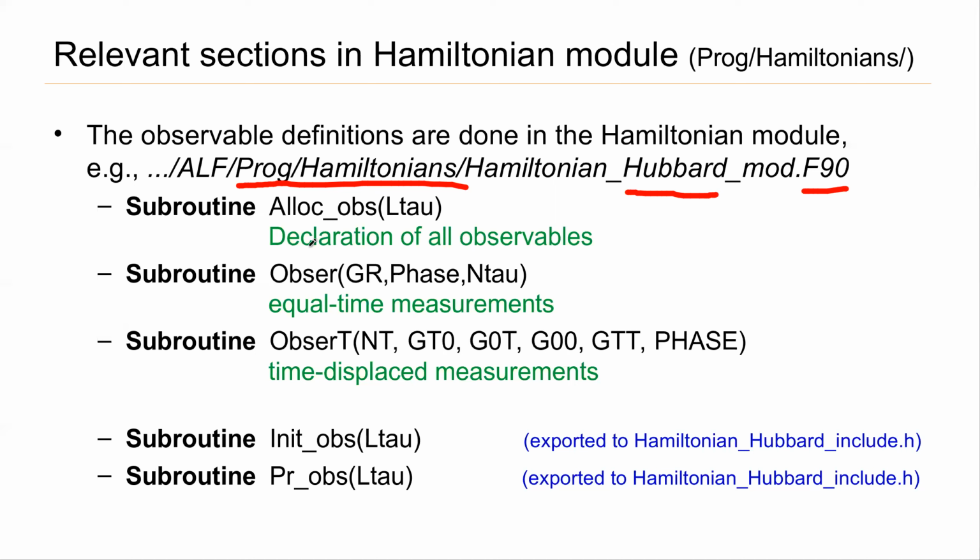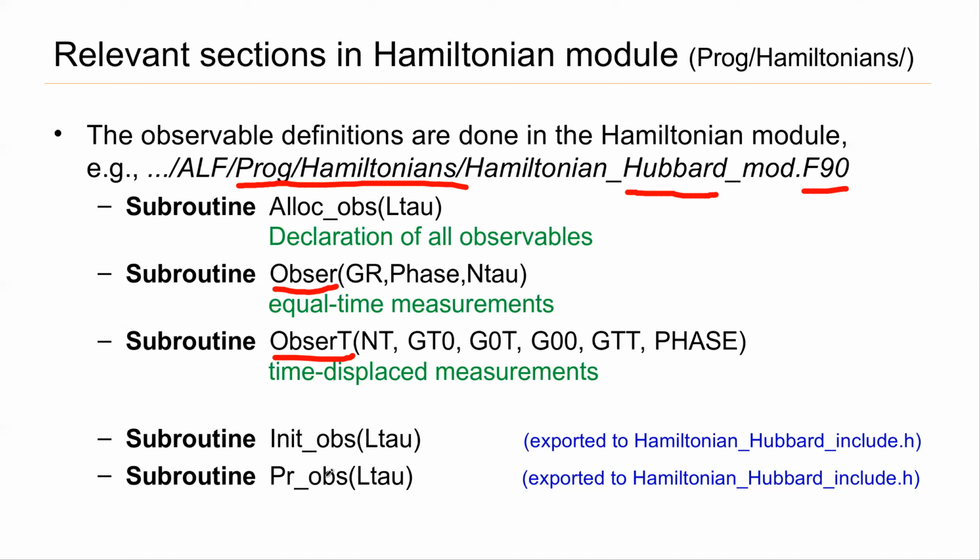That's the main purpose of this routine. And then there are 2 similar routines. The obser routine, which is taking the equal time measurements. And then there's the second version of it, obser-t, which is taking care of all the time displaced measurements if you're interested in dynamic quantities.